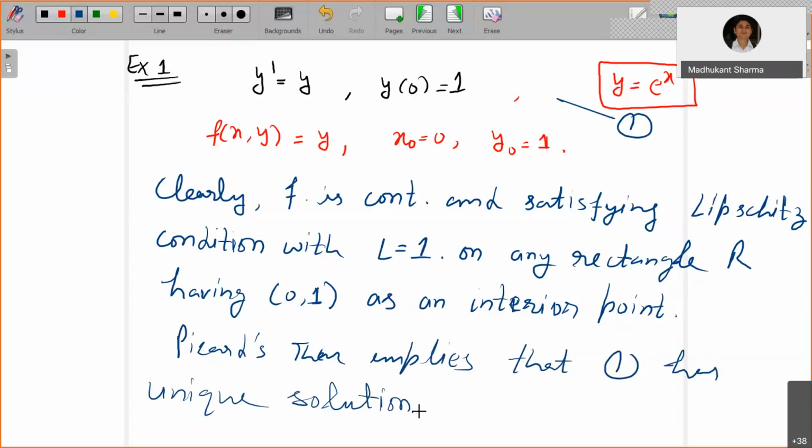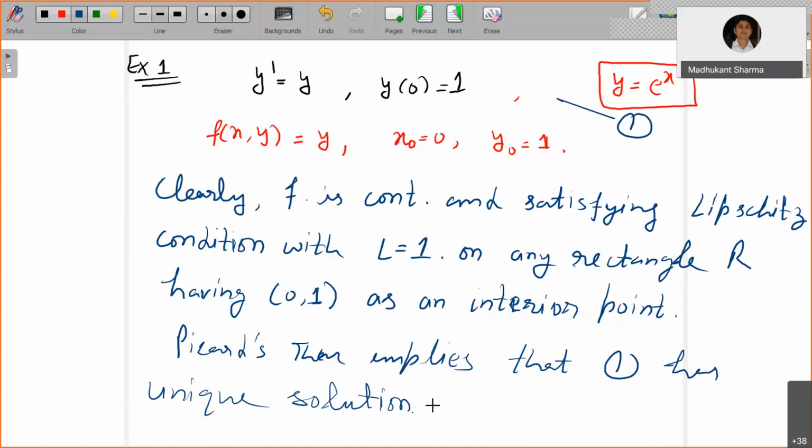Which rectangle you will decide, you can decide later. You can get that h and all by looking at the rectangle R. So mod y minus 1 is less than or equal to b. You work out those things, so you can certainly find out that h.